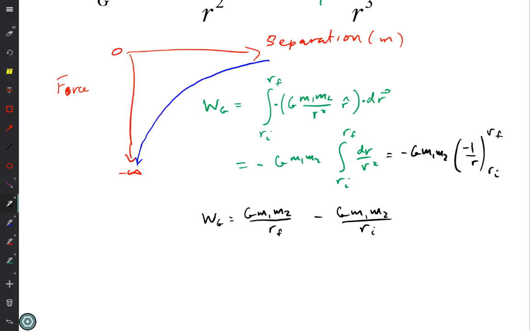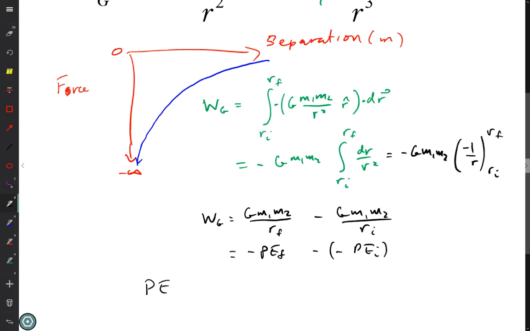Another difference is the sign changed. It was an attractive force, so it had that negative sign in the vector form. Now it's positive, but remember, this is equal to minus potential energy final minus potential energy initial. So that means this gives us potential energy is equal to minus G M1 M2 over R.